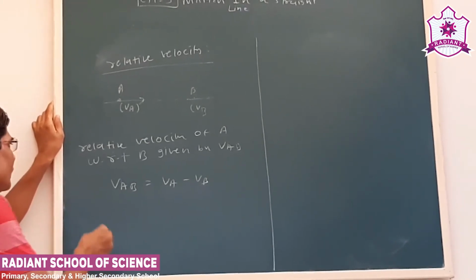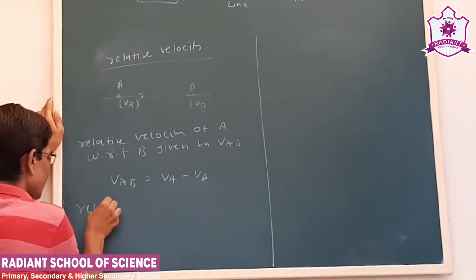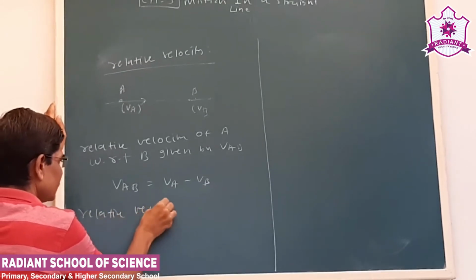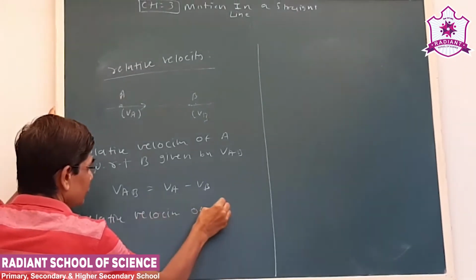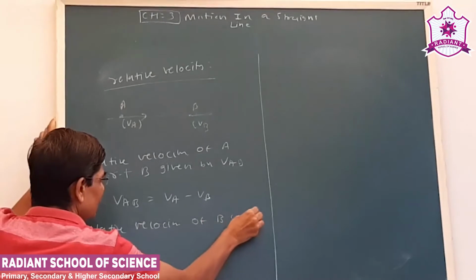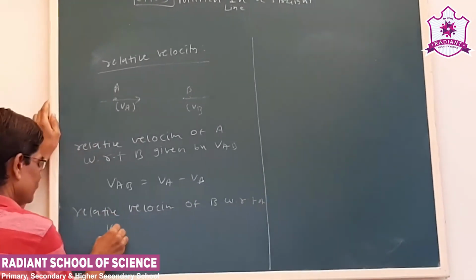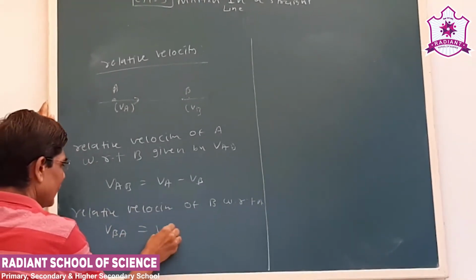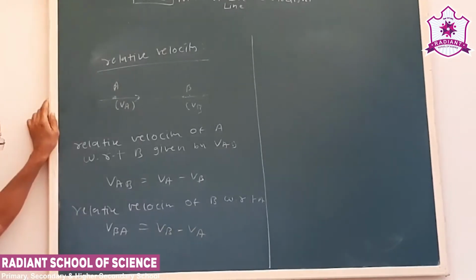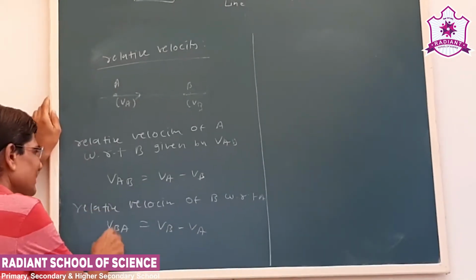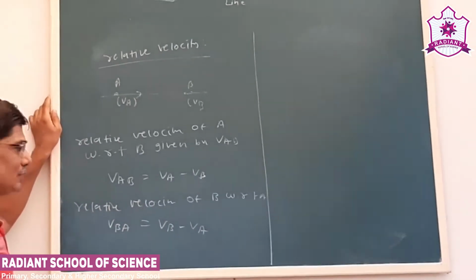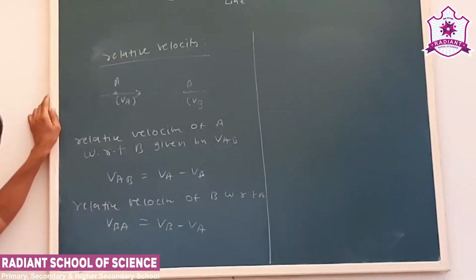Similarly, the relative velocity of B with respect to A, that is VBA, is given by VB minus VA. For a given condition both values will be equal in magnitude, but their signs will be opposite.